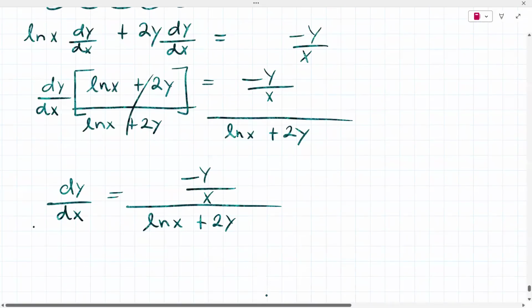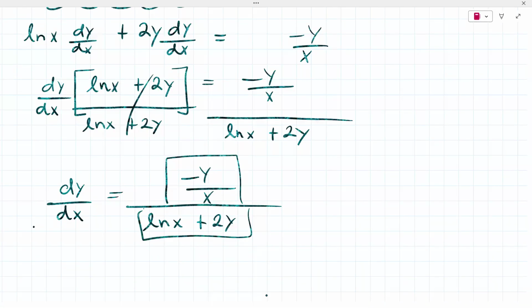We have a complex fraction, so this is your numerator. This is my denominator. This has a denominator of 1. This has a denominator x. So I'm going to do the bracket method. What's the LCD between 1 and x? x. I'm going to multiply both the numerator and denominator by x.